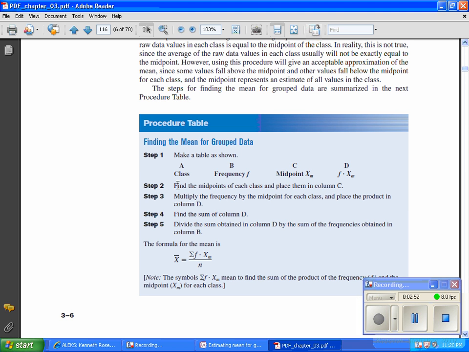To fill in the table, we're going to find the midpoints of each class and place them in the columns. We're going to multiply the frequency by the midpoint for each class and place that product in column D. We're going to find the sum of column D. That sum divided by n will give us our sample mean, or our estimate of the sample mean. Okay, so let's go here and do it.